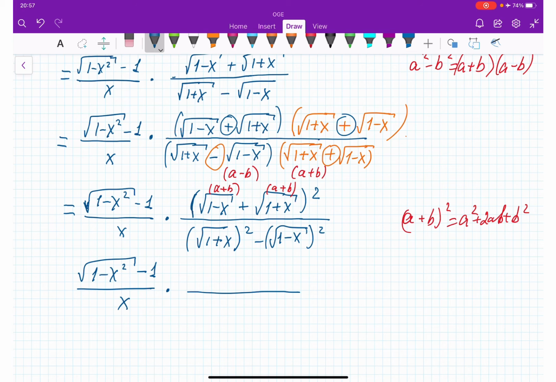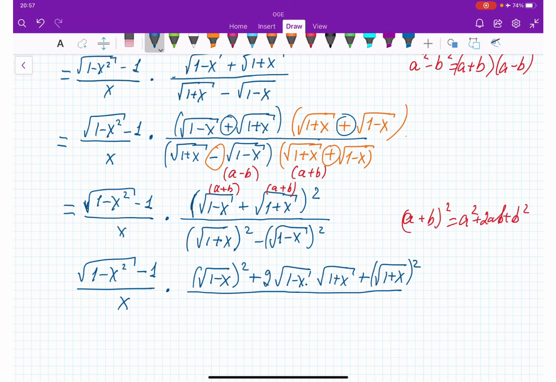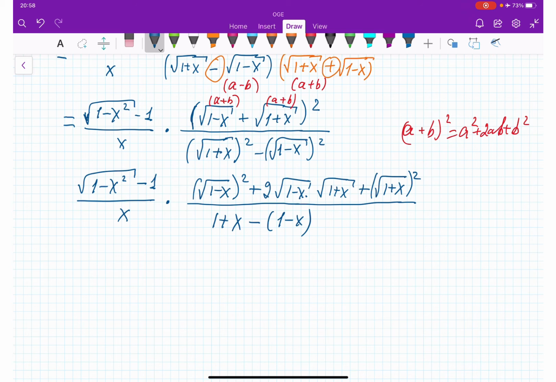A squared is going to be square root of 1 minus x squared, plus twice square root of 1 minus x times square root of 1 plus x, and plus square root of 1 plus x squared. Okay. In the denominator, the square of the square root is going to give me 1 plus x. And here it is going to give me minus 1 minus x. Okay. Moving forward.